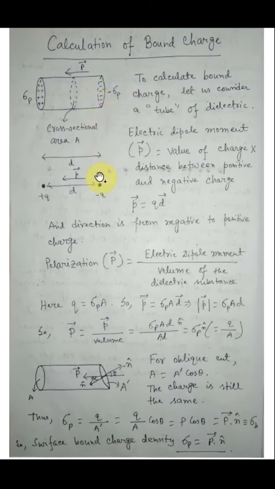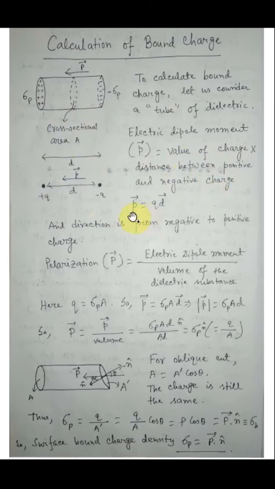Here we can consider this a kind of dipole where this is the minus q charge and this is the plus q charge, and d is the distance between the charges, and the length of the tube is d, right? So the dipole moment will be from negative to positive charge, and its magnitude we can find by the value of the charge times the distance between the positive and negative charge.